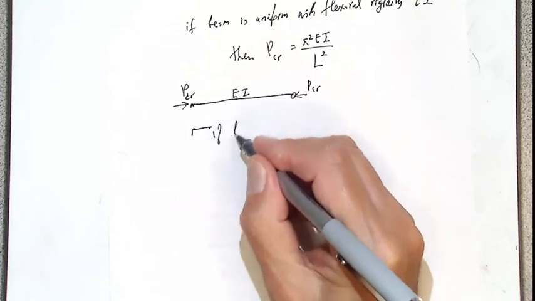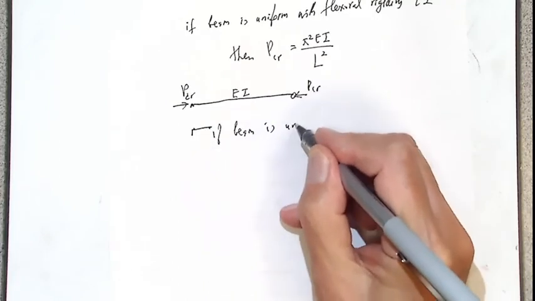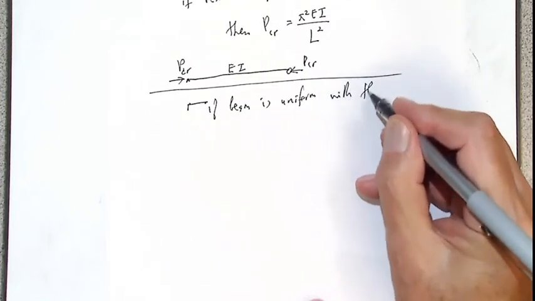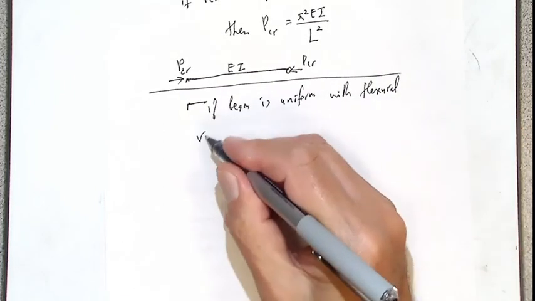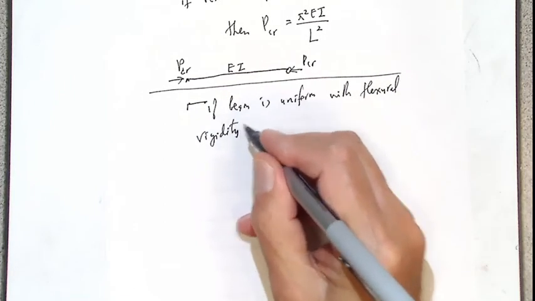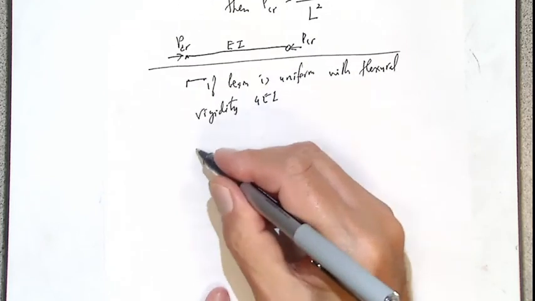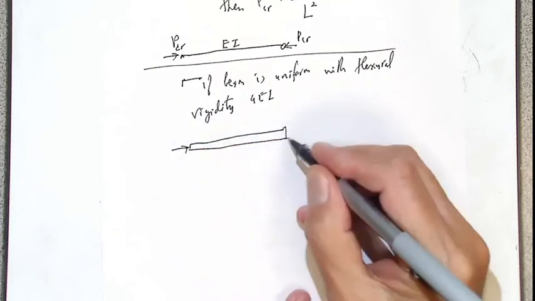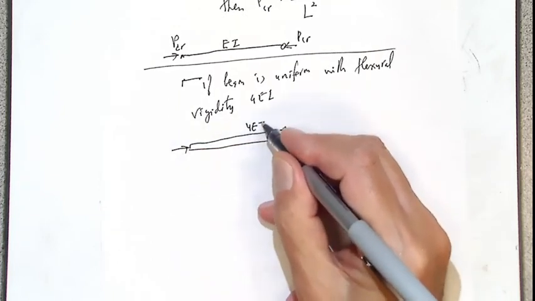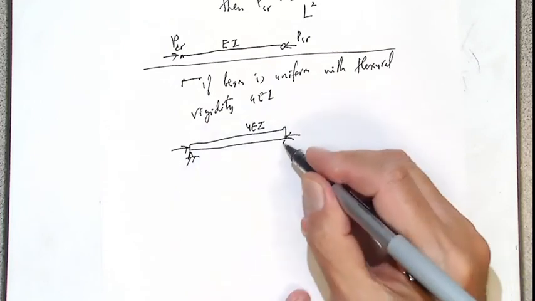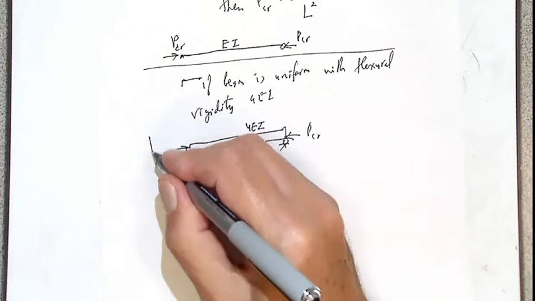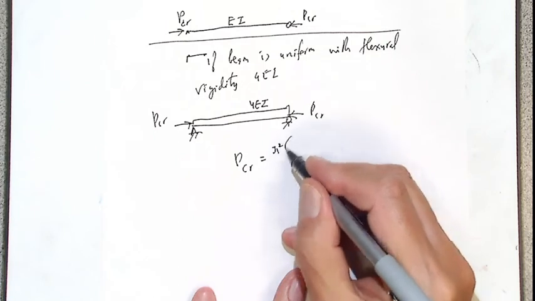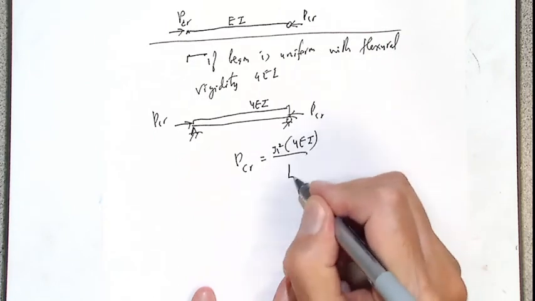If the beam is uniform with flexural rigidity 4EI, so that means the beam is like this, then P critical equals pi squared 4EI over L squared.